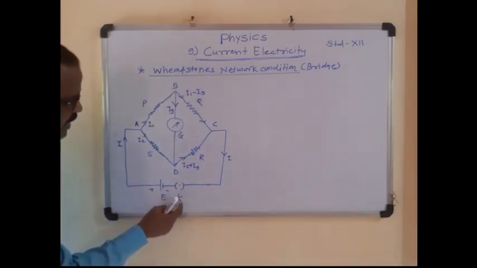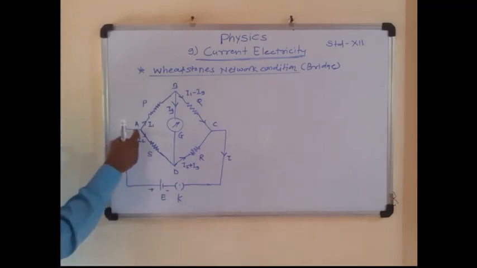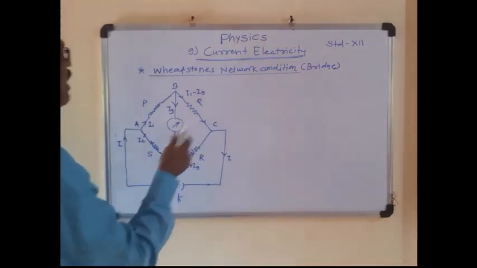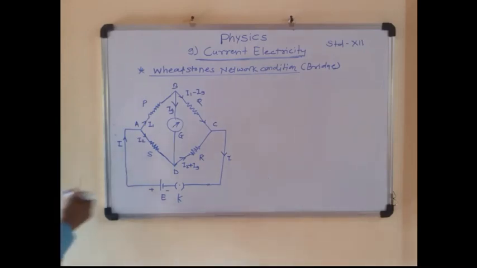An electromotive force E with a key is connected between the points A and C. Then I is the current flowing through the circuit.